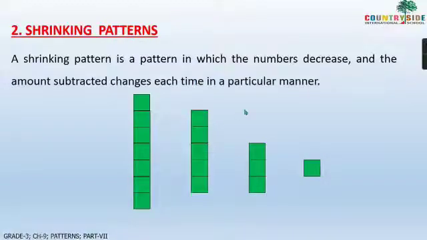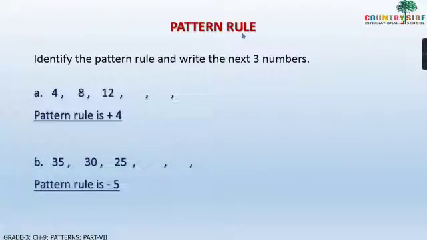Then next was the pattern rule. Now children, a pattern rule is generally related to numbers. You have to find the pattern between the numbers, and you have to write the numbers and the pattern rule.